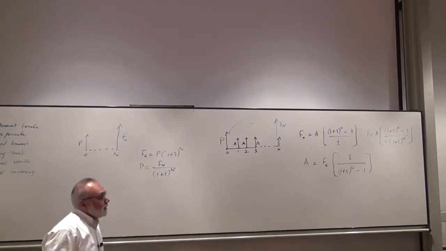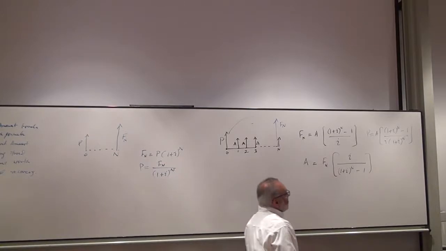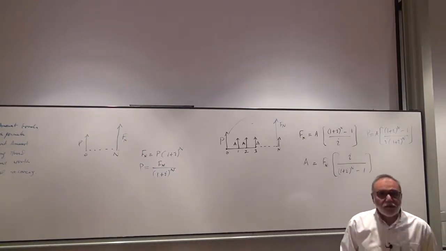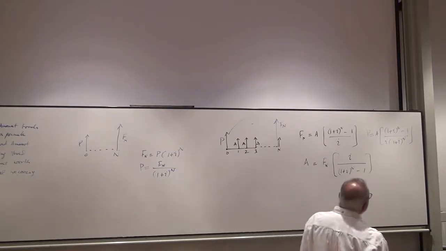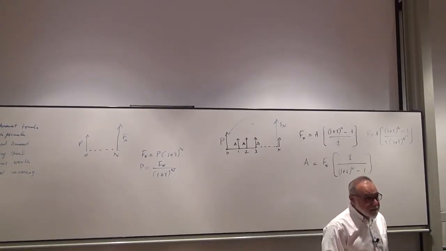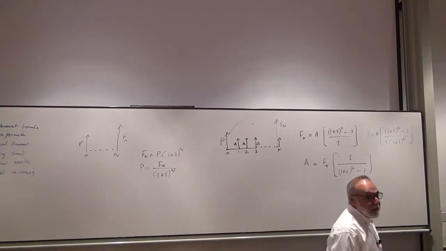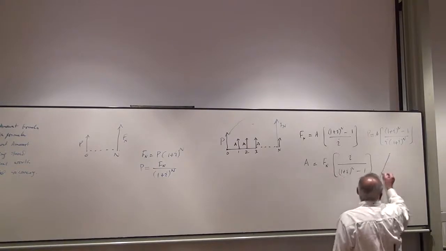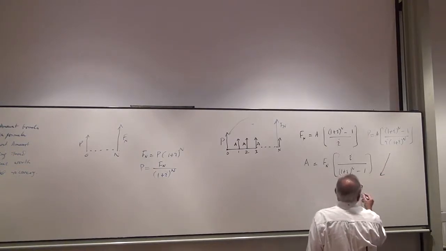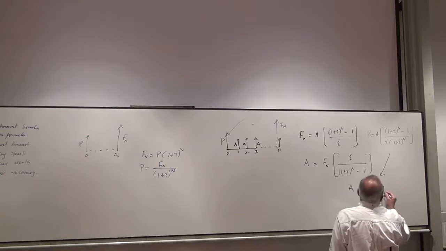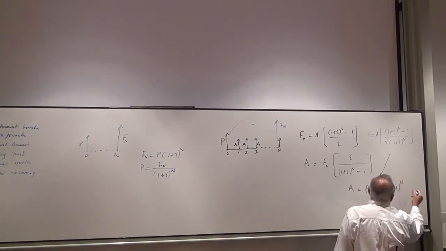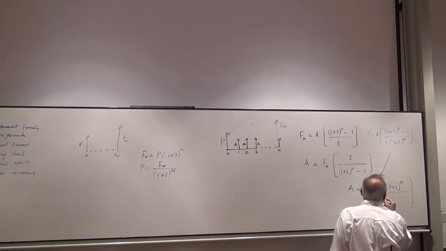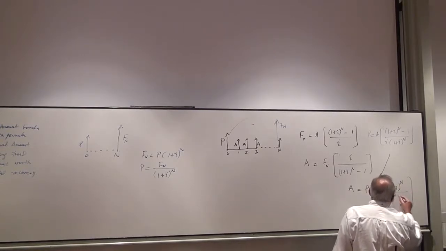All right, and the same formula, if you have a present value of something and you want to find out how much equal series of payments you have to make to cover this initial capital cost, then we just use the capital recovery formula, which is A is equal to P into I into 1 plus I raised to power n divided by 1 plus I raised to power n minus 1.